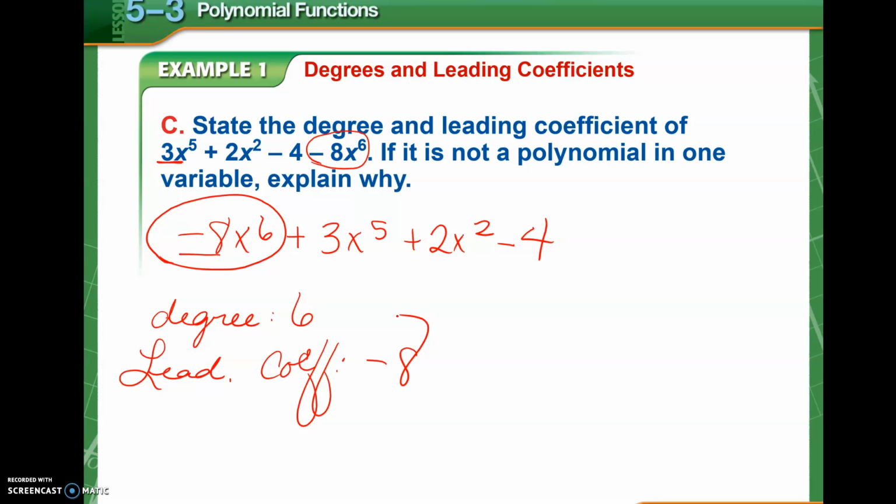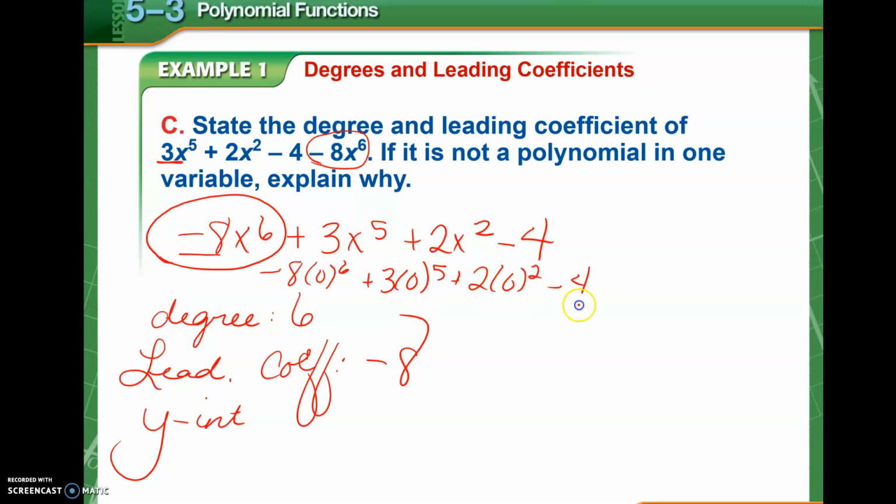And my y-intercept, if I plug in 0 for all of these terms, I would get negative 8 times 0 to the 6th plus 3 times 0 to the 5th plus 2 times 0 squared minus 4. These will all go to 0. So my y-intercept is always going to be the constant that doesn't have a variable with it.